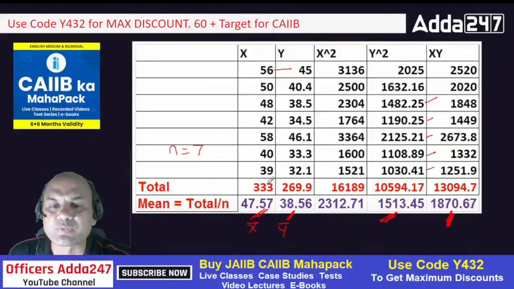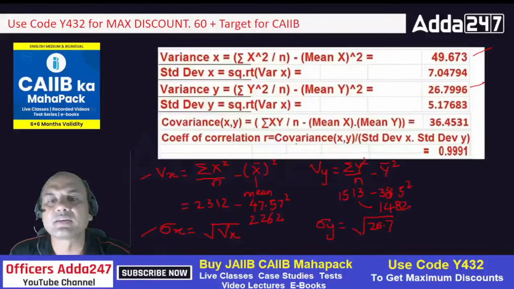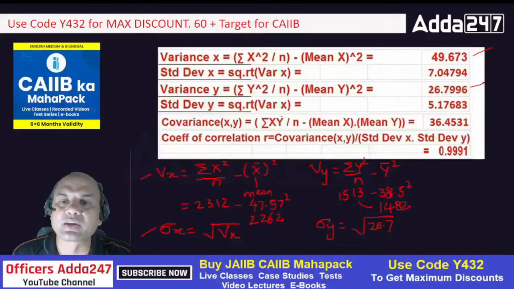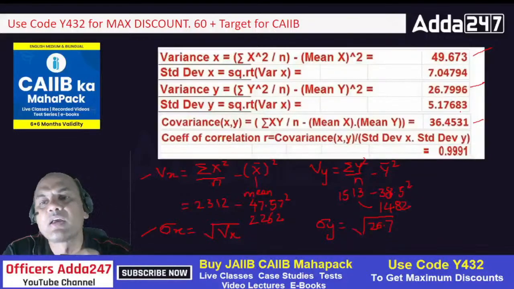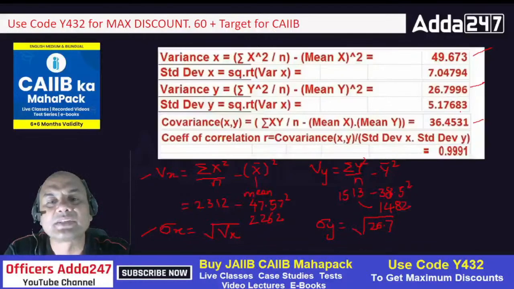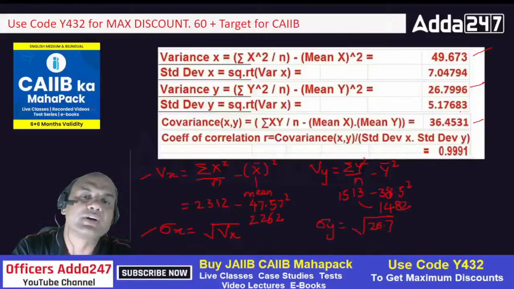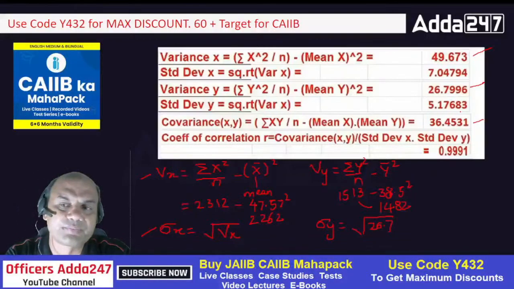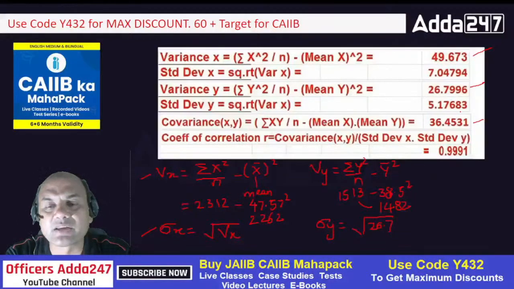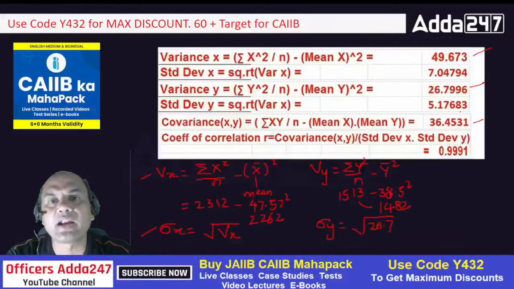Now look at this, the second part of that question: explain the meaning. It is a statistical technique used to measure the strength of linear association between two continuous variables, that is, the closeness with which points lie along the regression line. The coefficient R lies between -1 and +1.